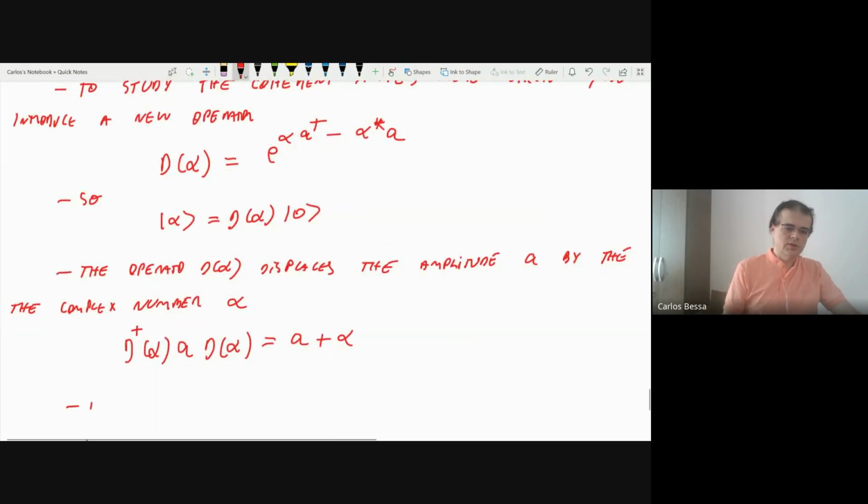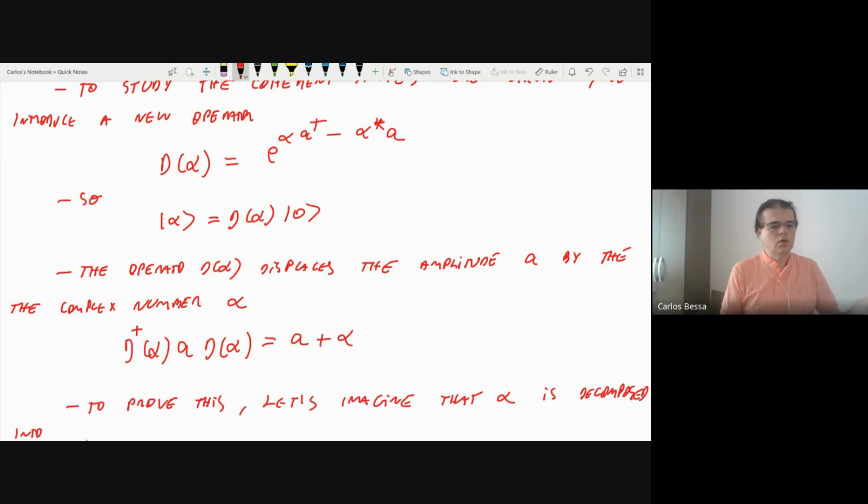So to prove this, let's imagine that alpha is decomposed into infinitesimal quantities, I'll call delta alpha, okay?